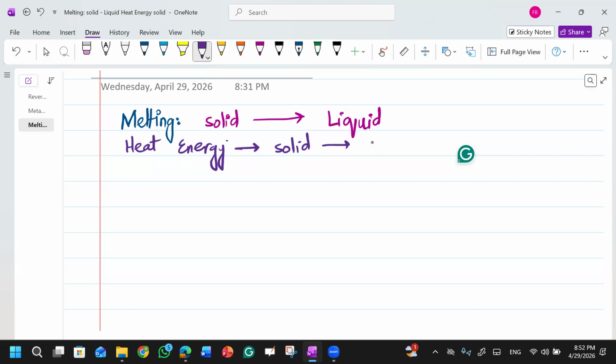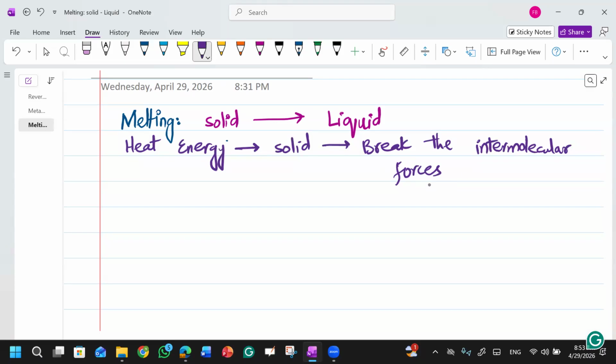This heat energy will break the intermolecular interactions, the intermolecular forces, because we have discussed, what is the strength of intermolecular forces in solid? Are they strong or are they weak in solid? Yes, they are strong. So this heat energy is used to break the intermolecular forces.